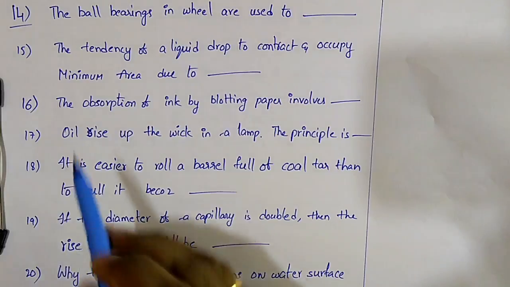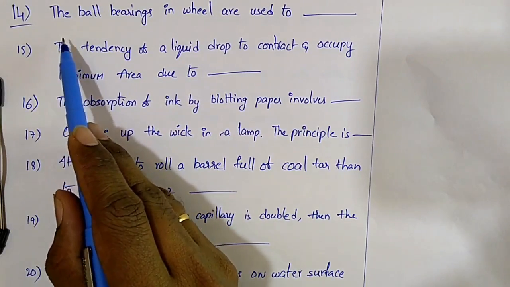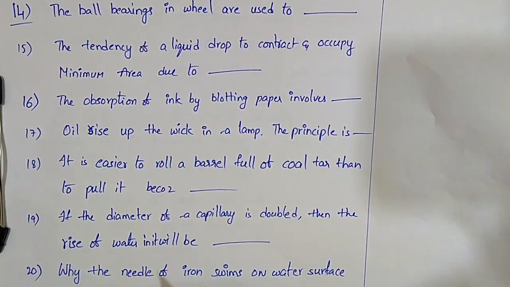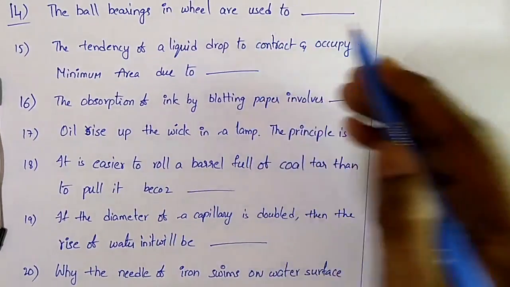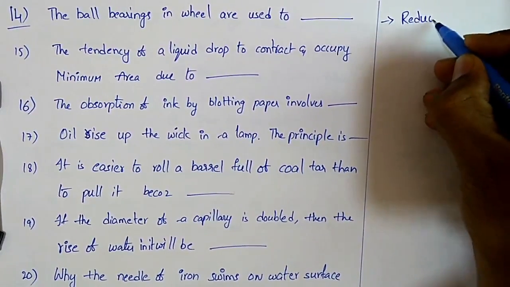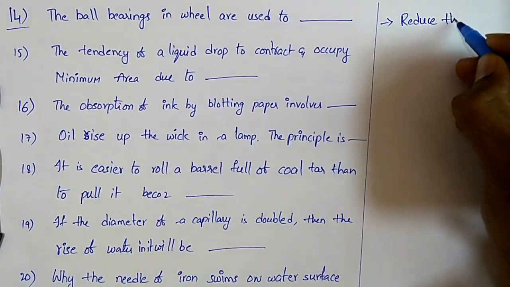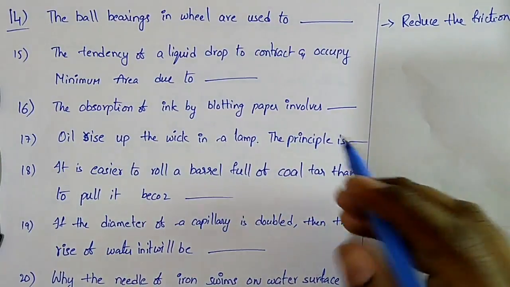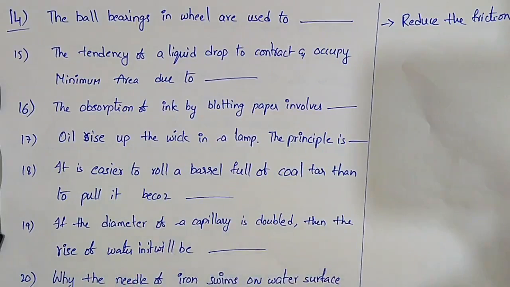Next question, 14th one. The ball bearings in wheels are used to dash. They are used to reduce the friction. Why is the friction reduced by using the ball bearings?